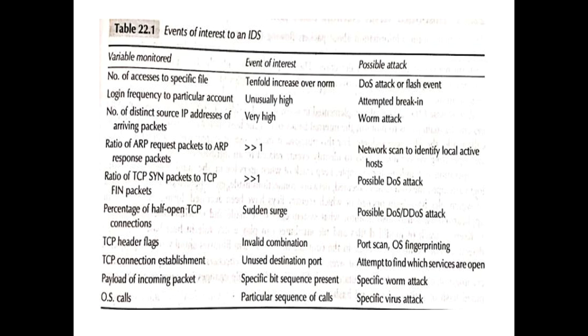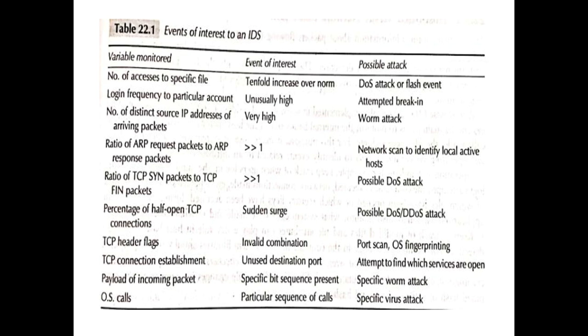Out of these, we can check the conditions that trigger an alert. A tenfold increase over normal in the number of attempts the user has made to access a specific file. Login frequency to a particular account unusually high. The number of distinct source IP addresses of arriving packets very high. Ratio of ARP request packets to ARP response packets greater than 1.